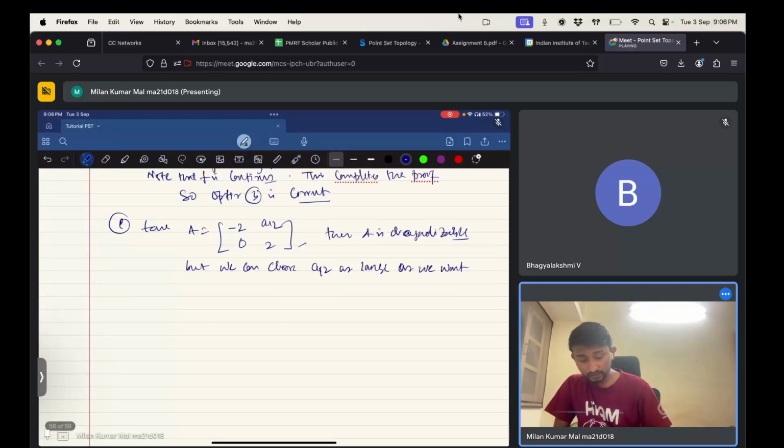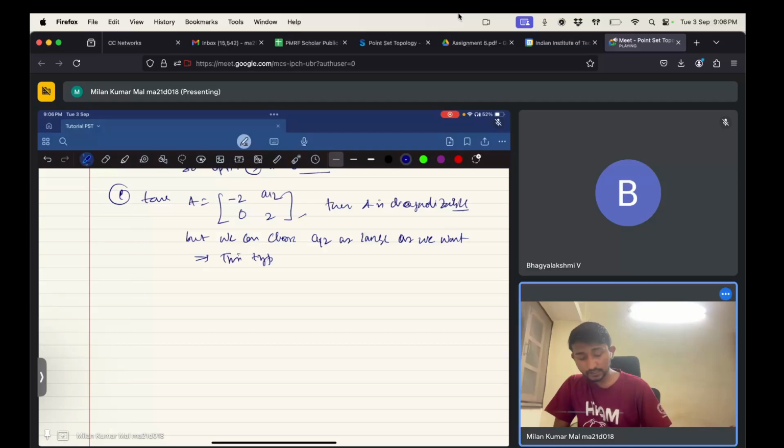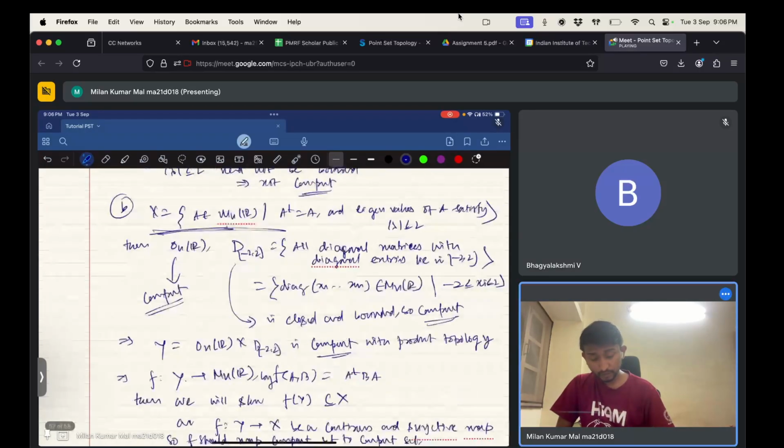So this type of matrix space is not bounded, so not compact. So option C is false.